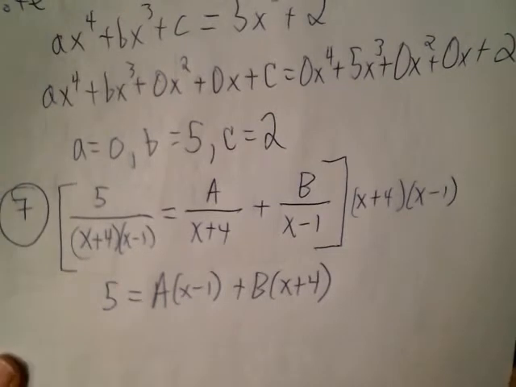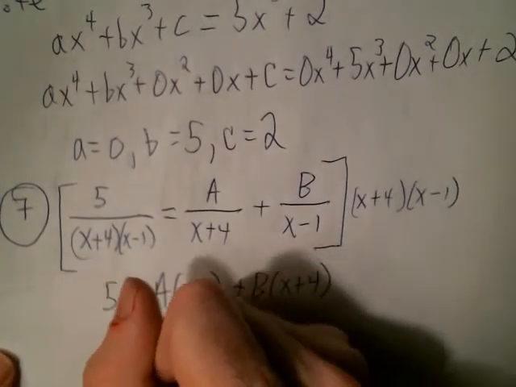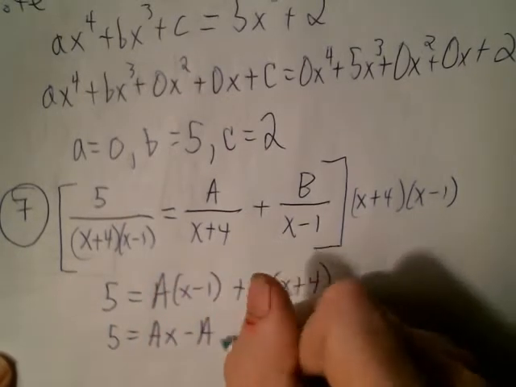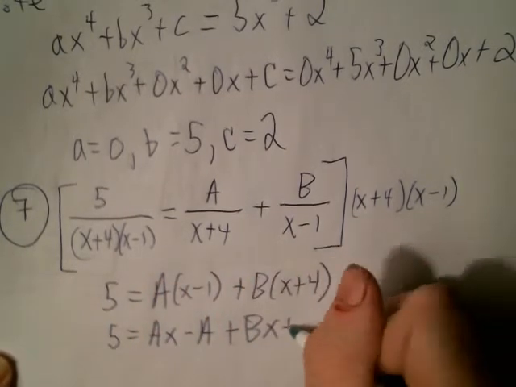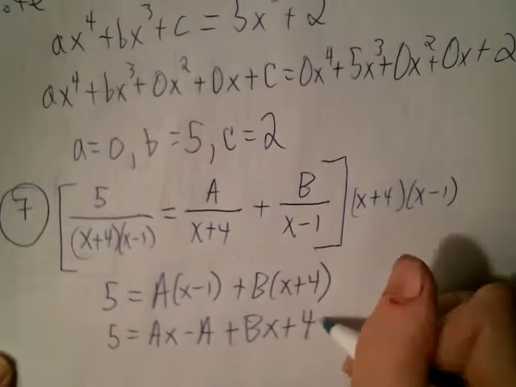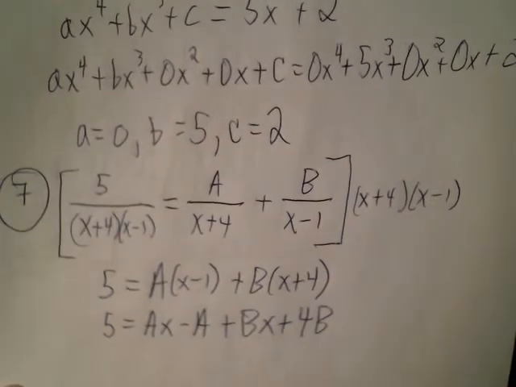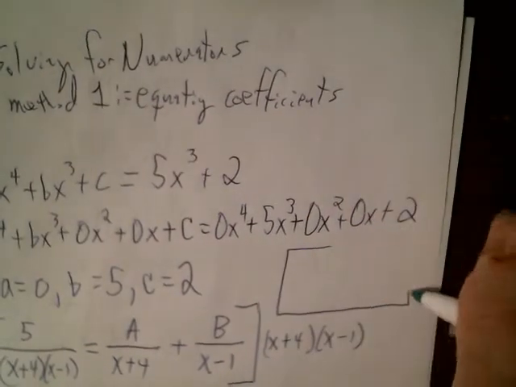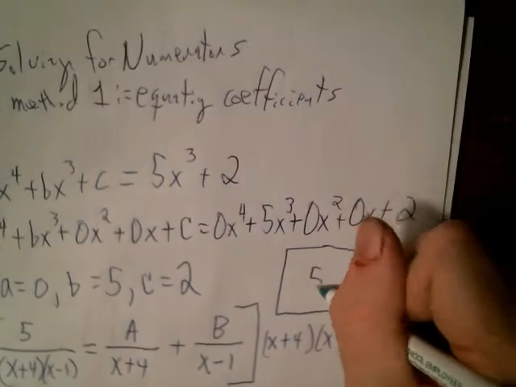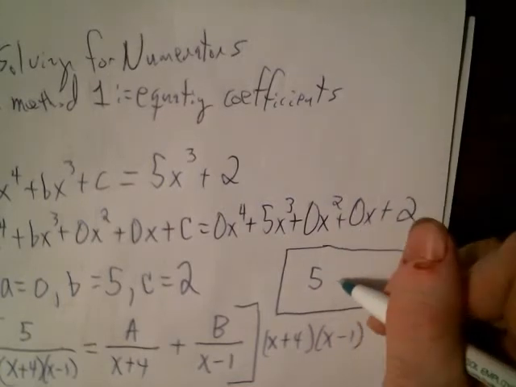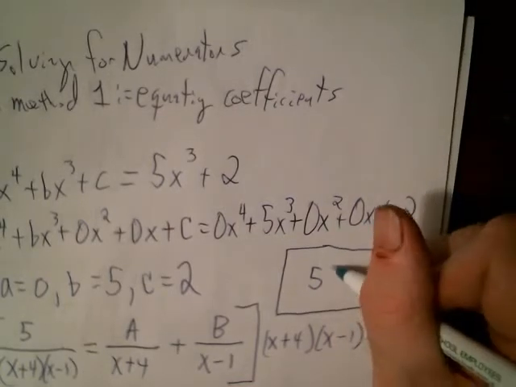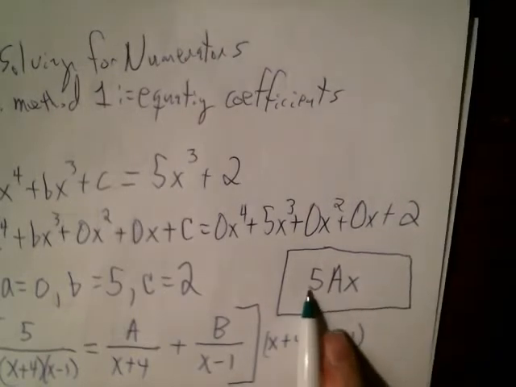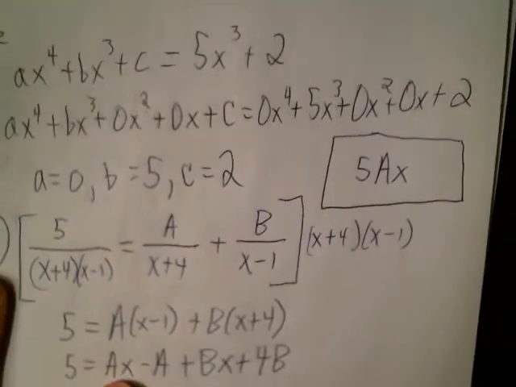Then I go ahead and distribute the A, so I'll have Ax minus A plus Bx plus 4B. The order of terms here is always going to go constant, like 5, then capital letter, whatever that is, A, and then your variable. So the big letter always goes in between the constant and the variable, just in case you're wondering.